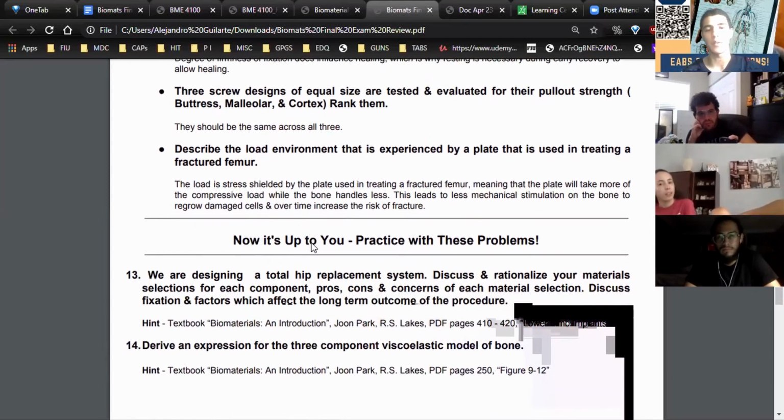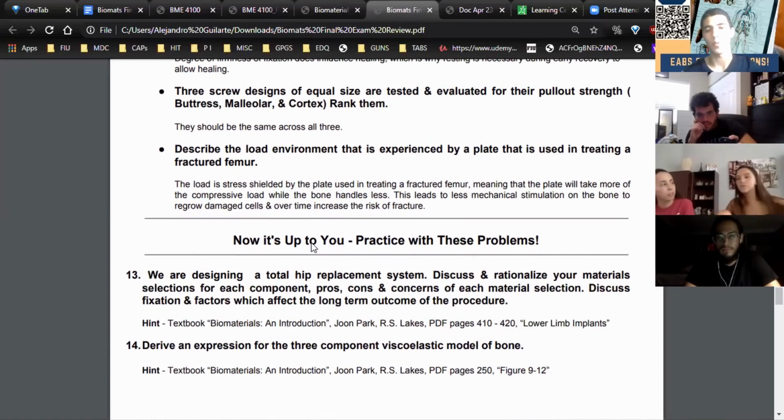And the last one would be, what would be a load environment explained by a plate treating a fractured femur. So it talks about stress shielding. Stress shielding basically says that, for example, when someone gets a lower limb implant with a bone plate, that bone plate will take the load that is applied when you're walking.